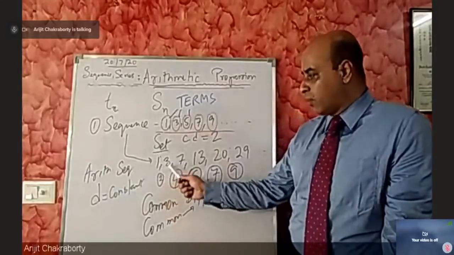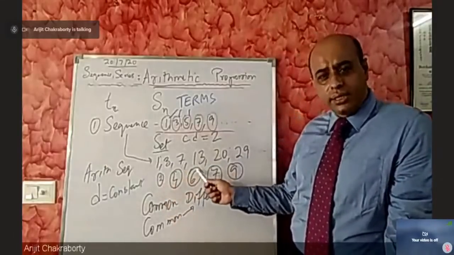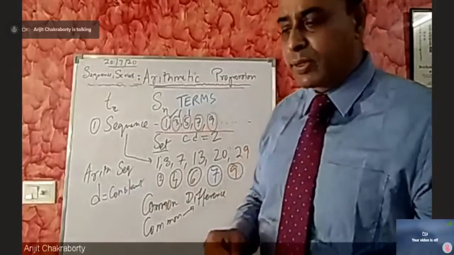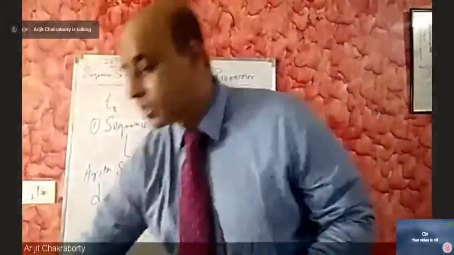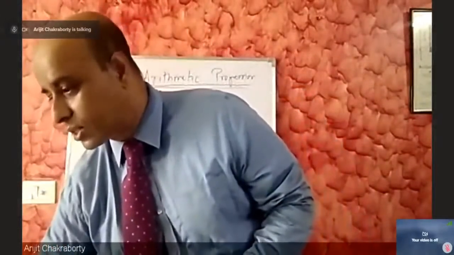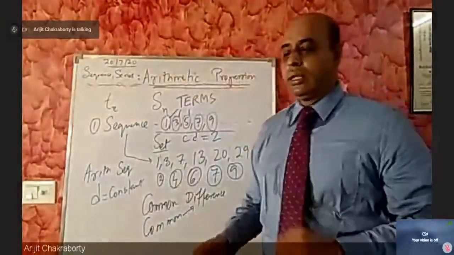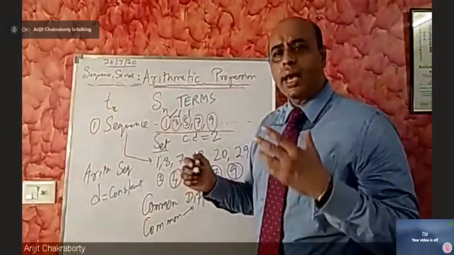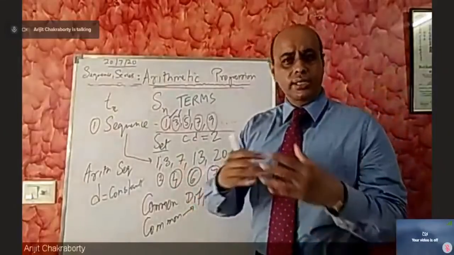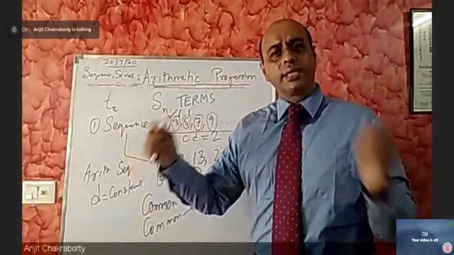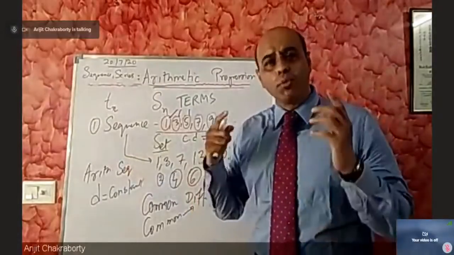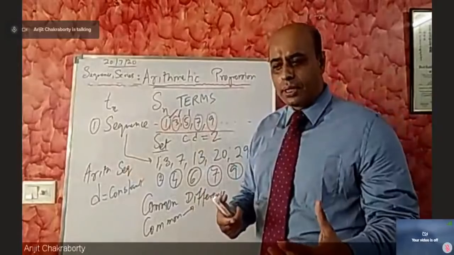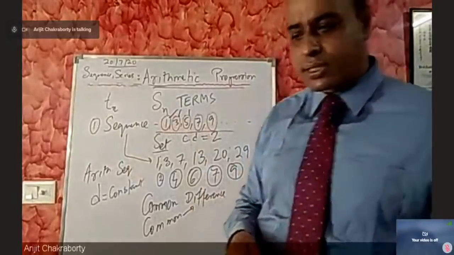But 1, 3, 7, 13, 20 and 29 is not an arithmetic sequence because the difference is not the same. So a sequence is an ordered collection, a set of numbers which obeys a certain rule, a certain order. That is called a sequence.